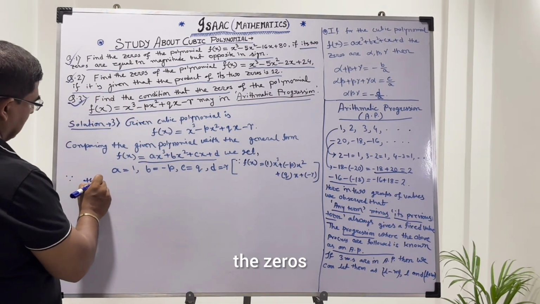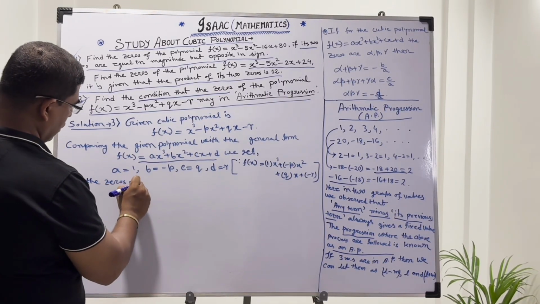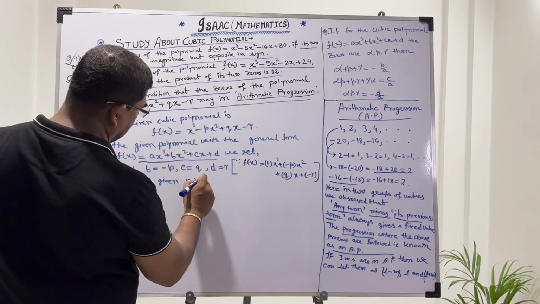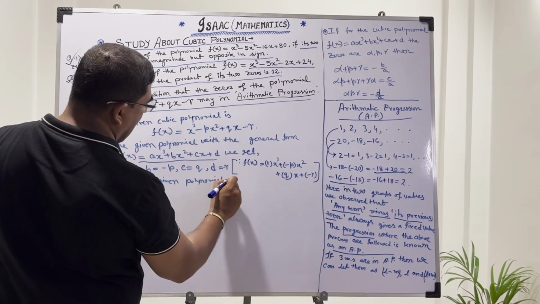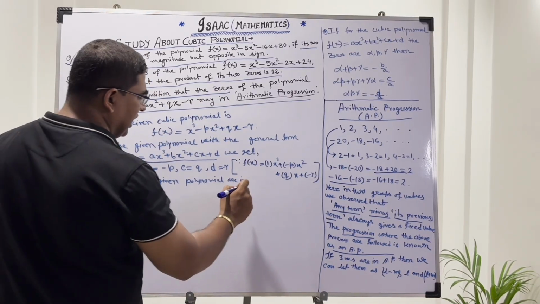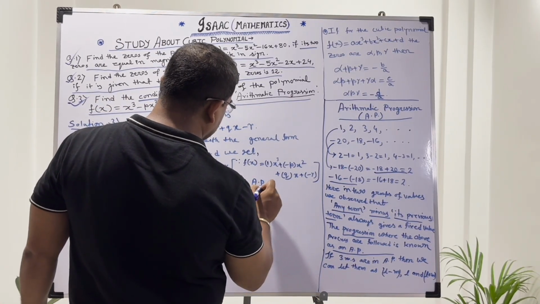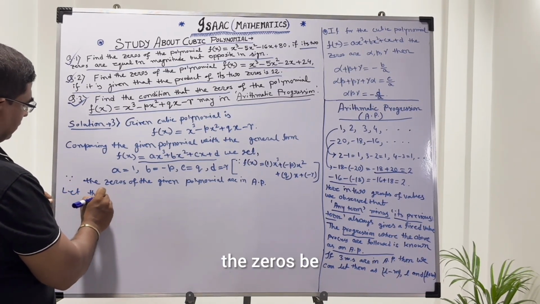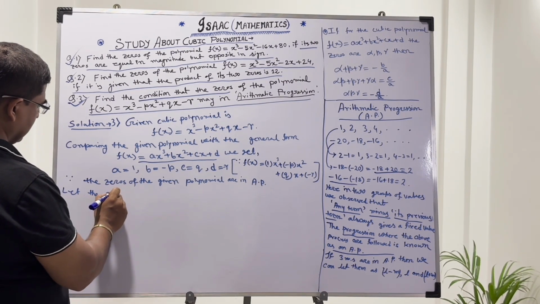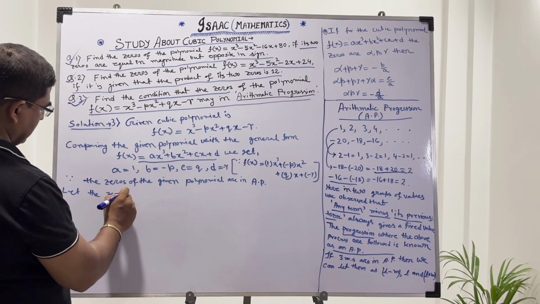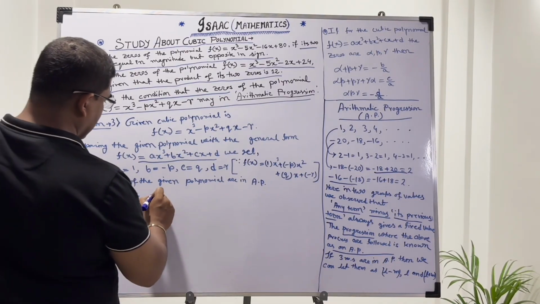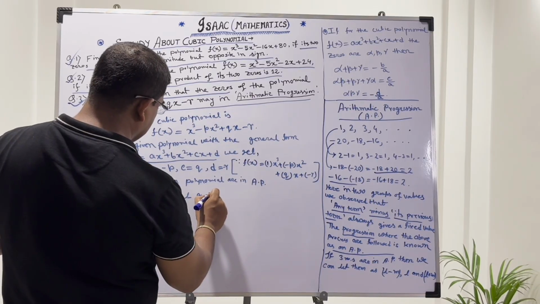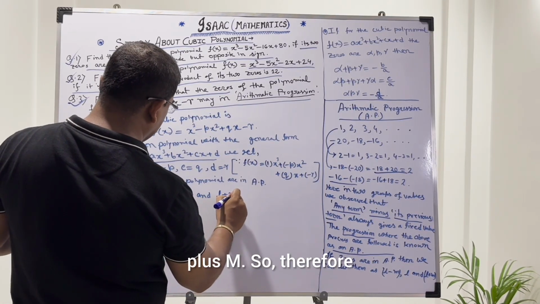Since the zeros of the given polynomial are in AP, let the zeros be L minus m, L, and L plus m.